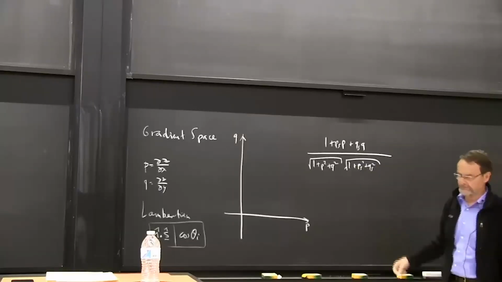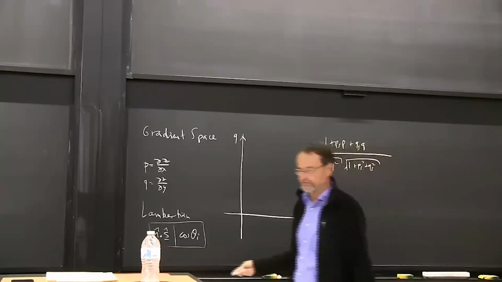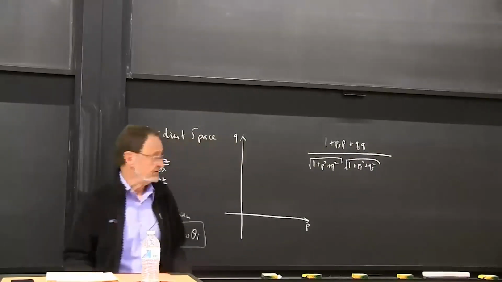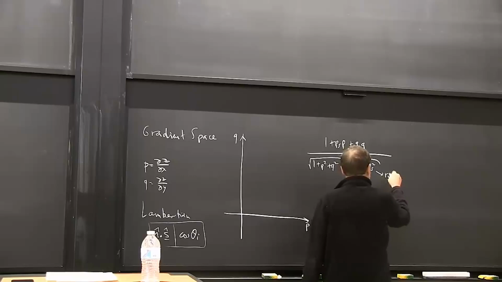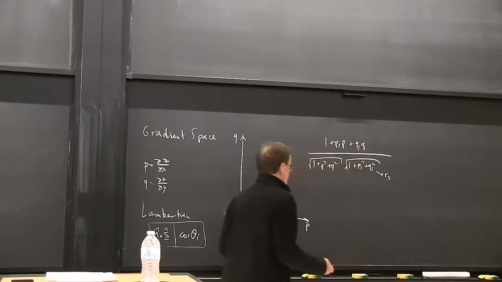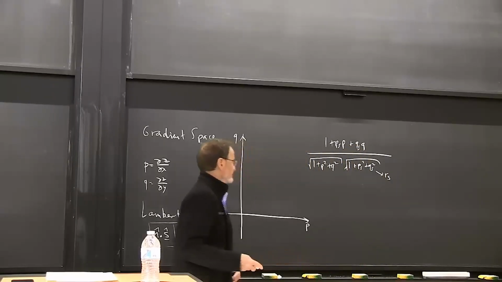If the light source is somewhere as defined by PS, QS, then that's a constant, and I'm going to get tired of writing that, so I'm just going to introduce a constant RS to represent that.